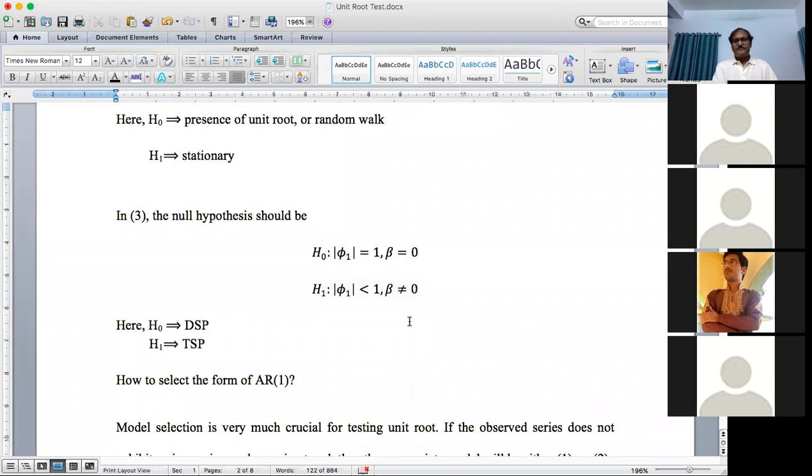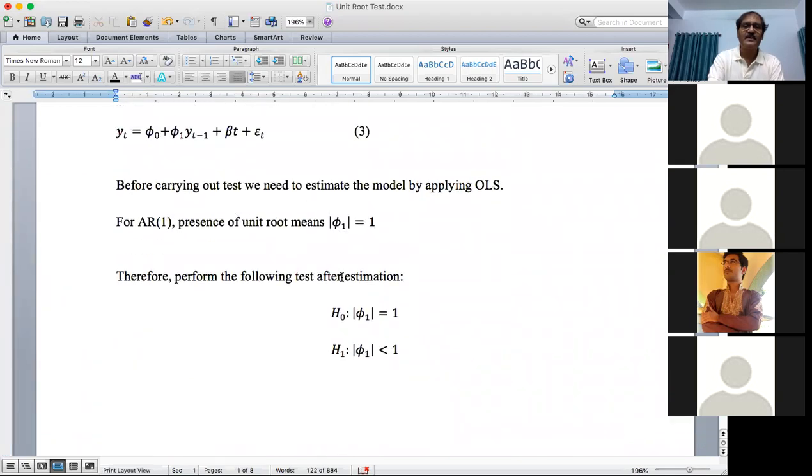So just try to compare the testing of hypothesis in case of equation 3 and equation 1 or 2. In equation 1 or 2, our main concern is to test whether the series is non-stationary with unit root or stationary.